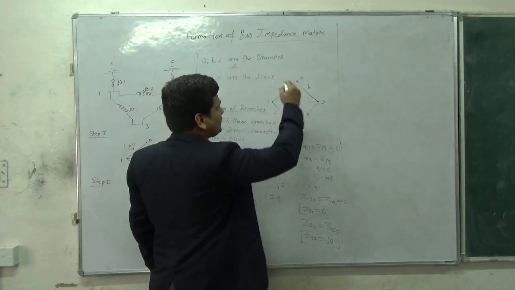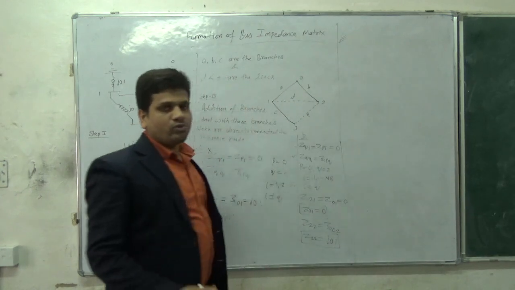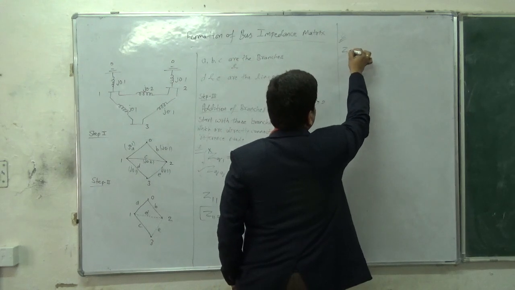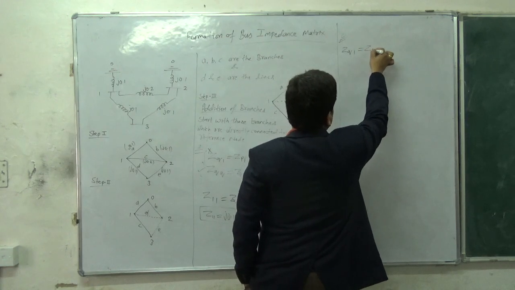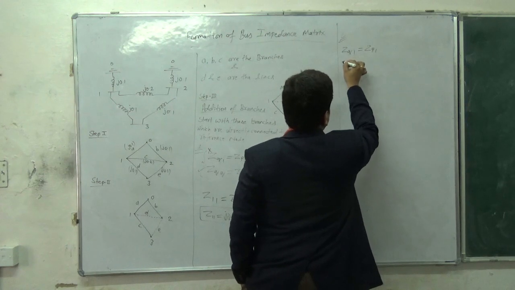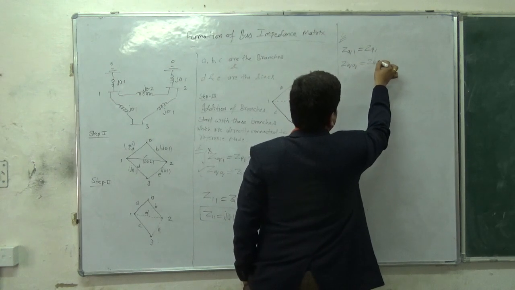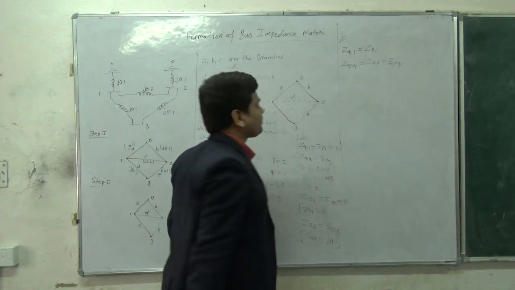Okay. Now I am calculating for branch number C. It is also a branch, but the formulas will change in this case. For the off-diagonal element, ZQI is equal to ZPI, and ZQQ is equal to ZPP plus small zpq.